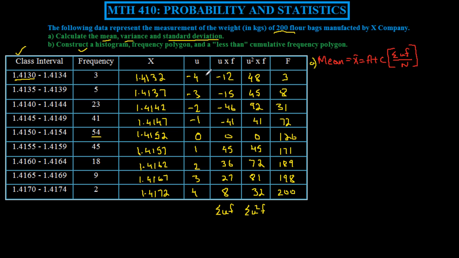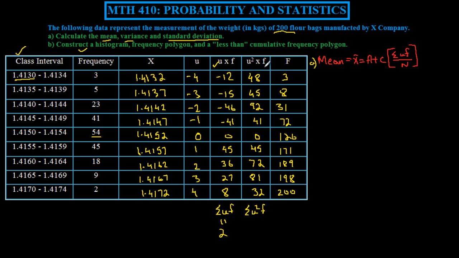So we multiply these and add them up. This column, u times frequency, added all up, is net uf, which equals 2.